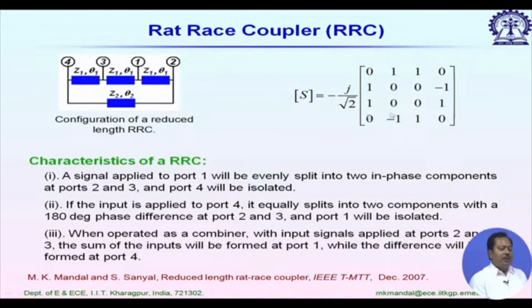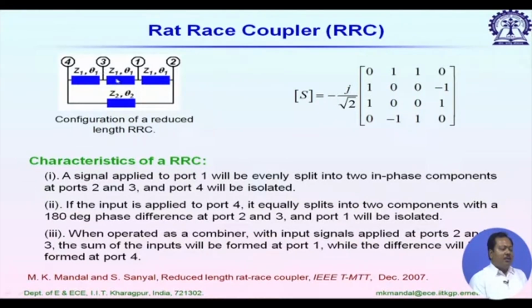So, this is the S matrix for one ideal lossless rat race coupler. Ideally, all 4 ports should be matched. So, S11, S22, S33, S44, all the diagonal elements are 0, and you can see S12 and S13 are 1 multiplied by minus j by root 2.